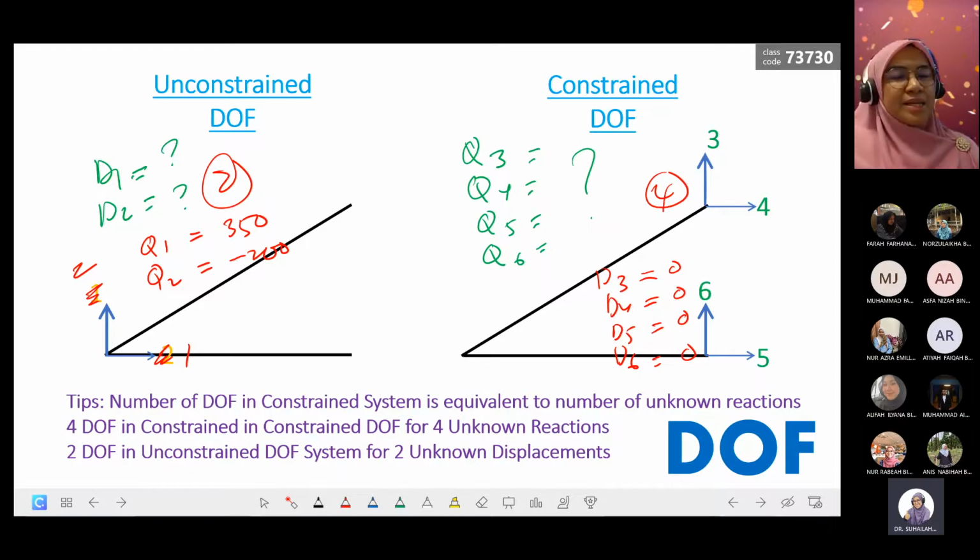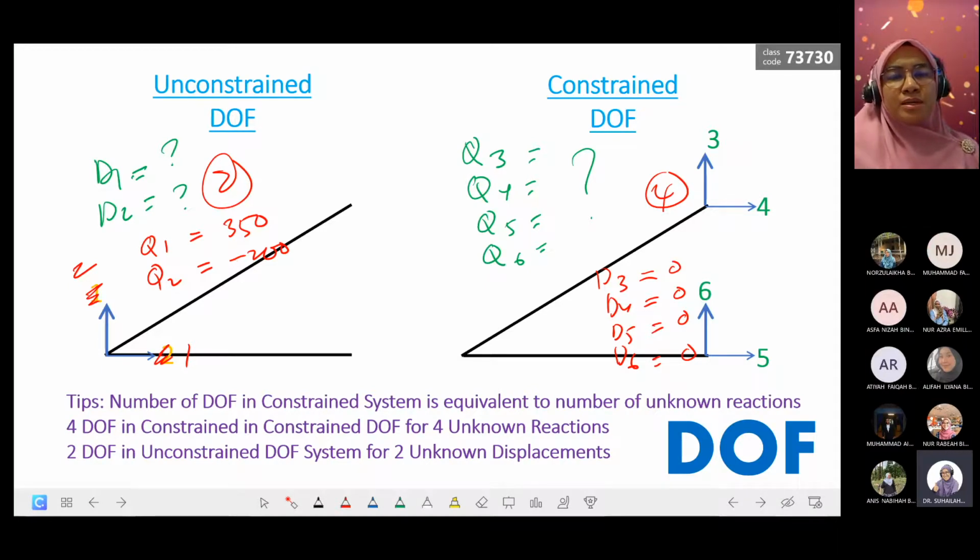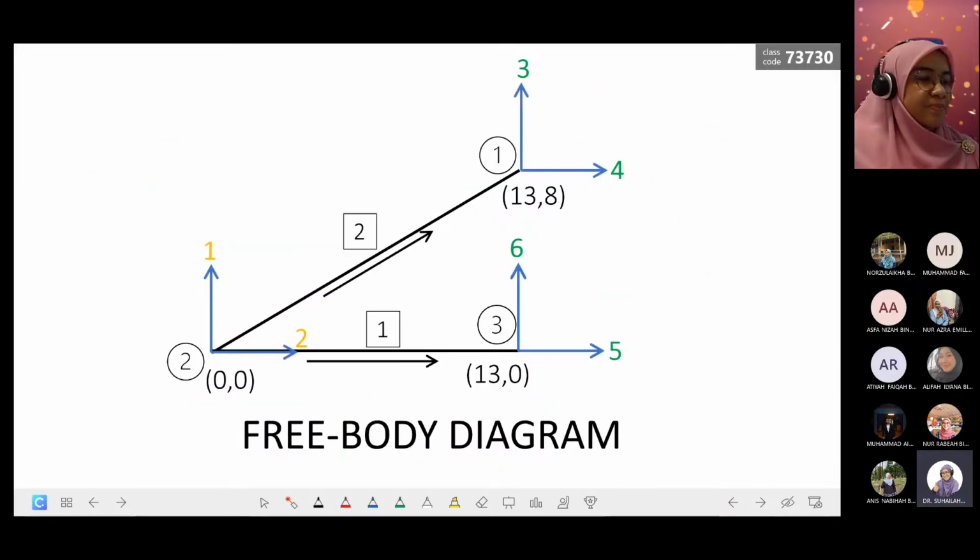This is very important because in order to solve for the unknown displacements, we have to write the nodal forces and nodal displacements in matrix form. This is the way we read the information from the diagram, and label the degrees of freedom according to unconstrained and constrained.